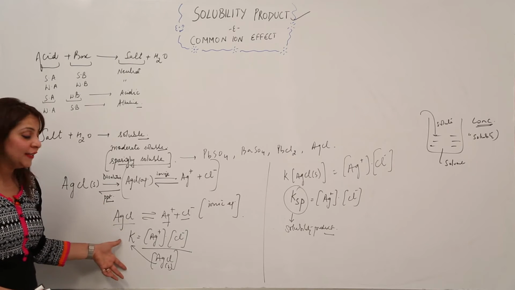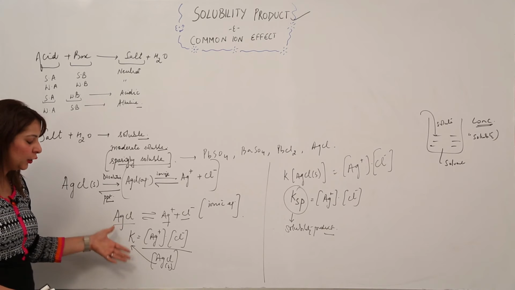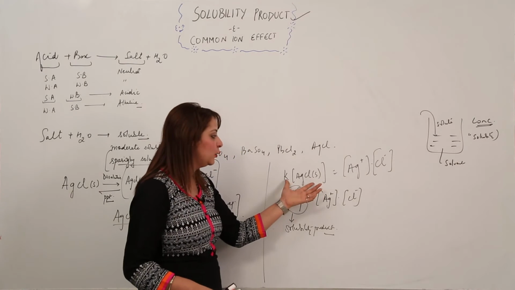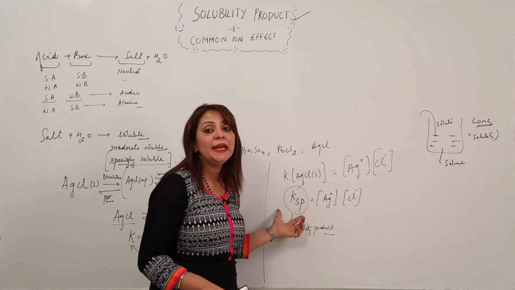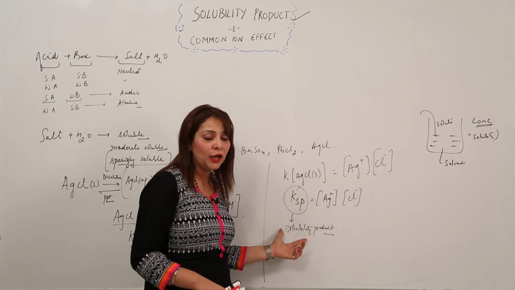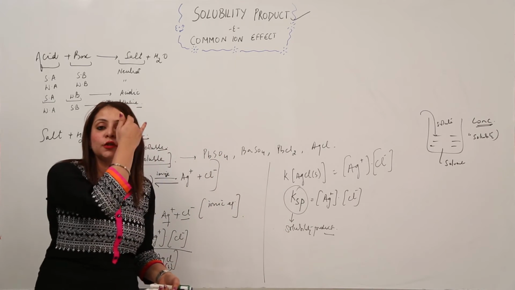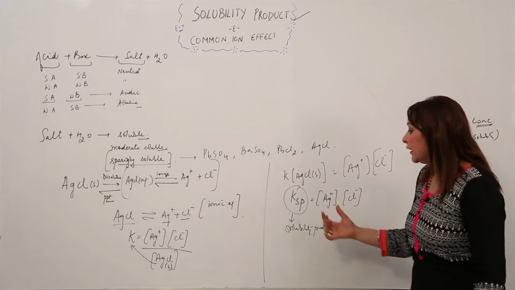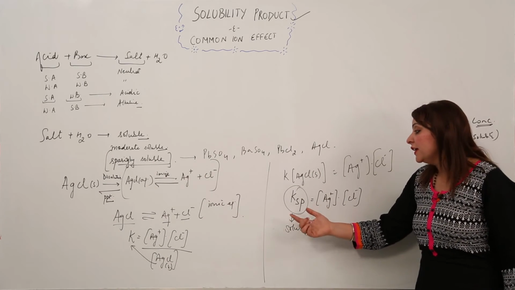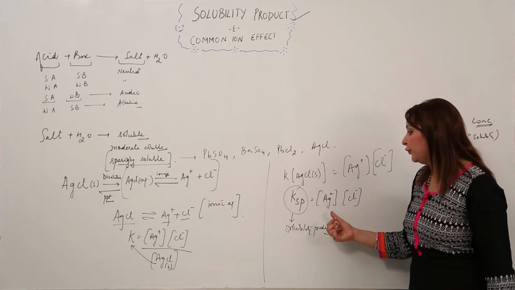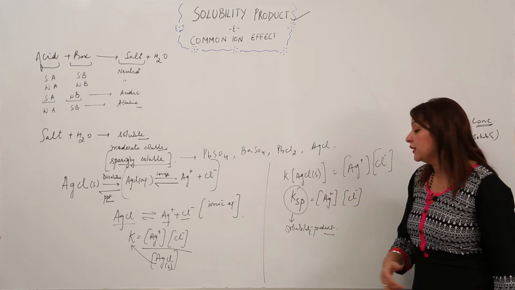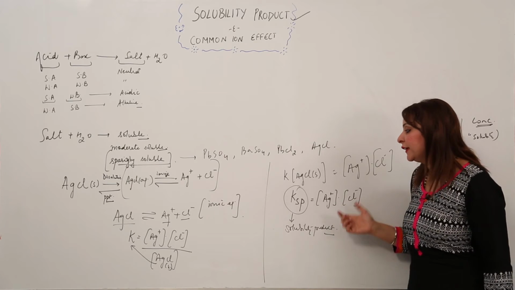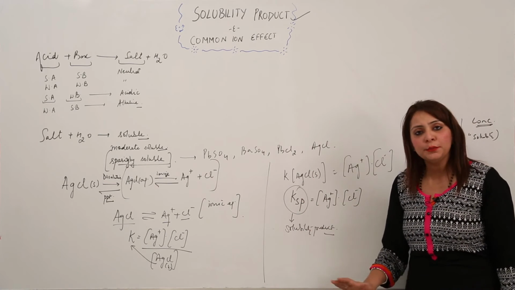You should know how to write the equilibrium constant expression, and then by just shuffling, we have K into AgCl solid, which comes out to be Ksp, the solubility product. If somebody asks you to define solubility product, how do you do that? It's so simple. You just have to say that the solubility product of the salt is equal to the product of the concentrations of the ions in which it gets dissociated, right? So this is the solubility product.